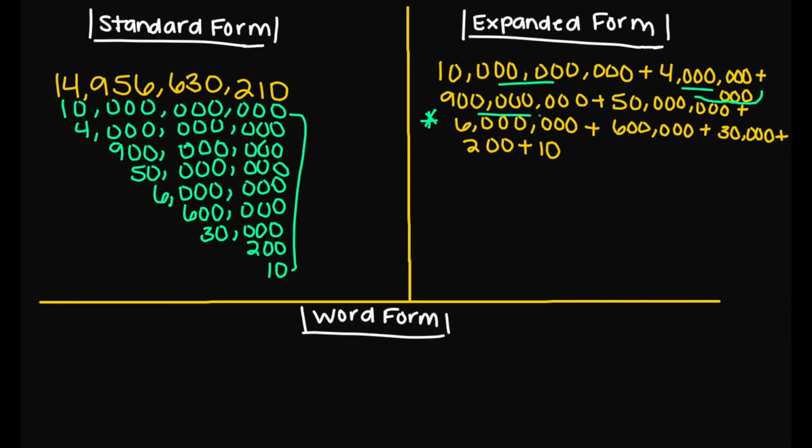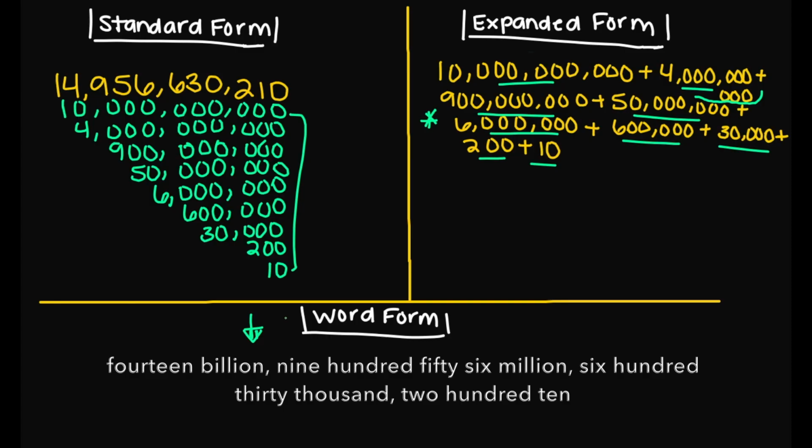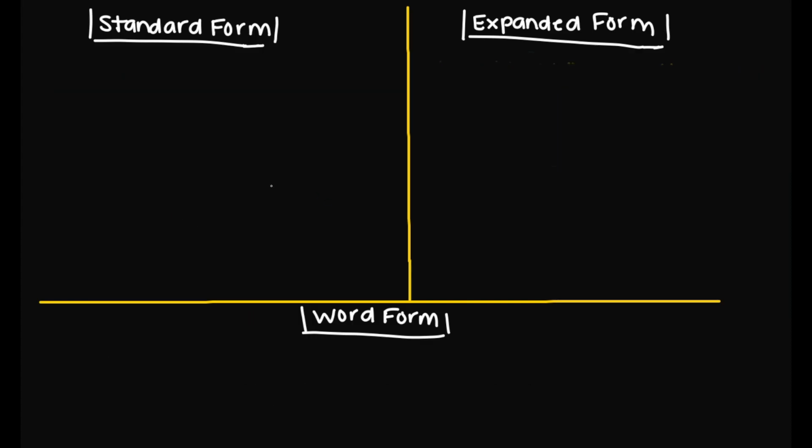And then 900 million, then 50 million, 6 million, 600,000, 30,000, 200, and then 10. And if you were to write this in word form, you are going to get 14,956,630,210.